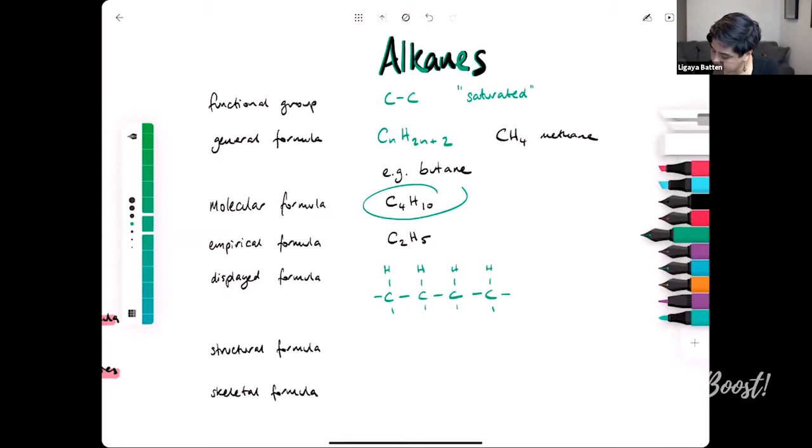So 2 on each of the carbons in the middle, and then you've got the extra hydrogen on the end 2 carbons, and that's where the +2 comes from. So we've got a chain of 4 carbons in a row with the 10 hydrogens around the outside. So make sure for displayed formula that you're always showing every single atom and every single bond.